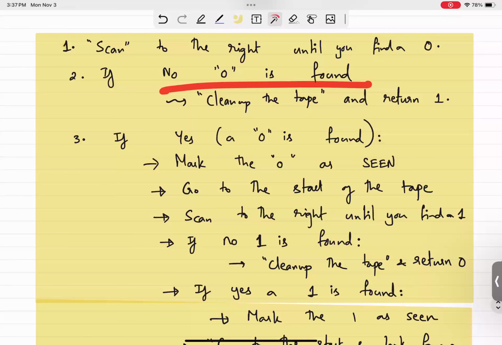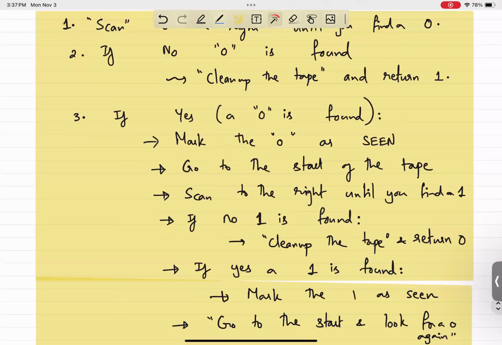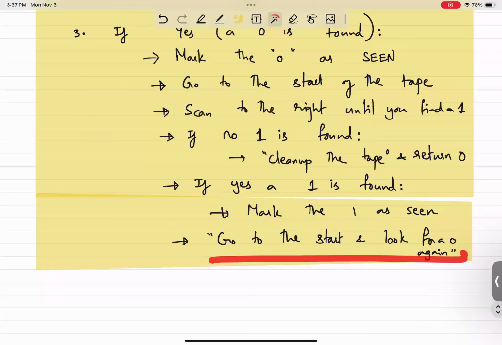If no 0 is found, clean up the tape and return 1. I can only move one step at a time again. I can only see what is right below me. Same thing here: go to the start and look for a 0 again. You have to go to the start, and once you hit the start, I have to go look for a 0 again. So how do I encode all of that?